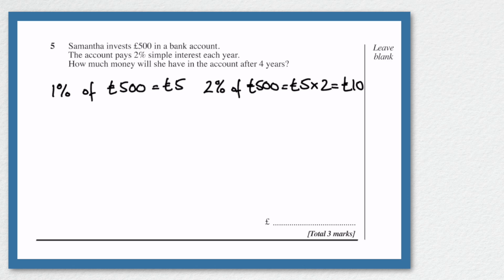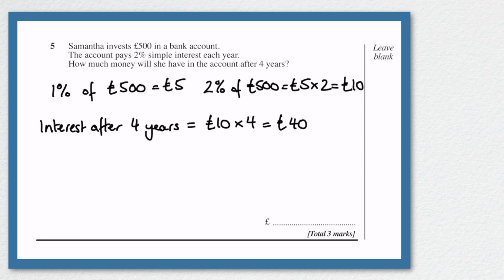The question is asking, what will be in the account after 4 years? Well, the amount of interest after 4 years will be 4 lots of £10, which is equal to £40. So the amount of money in Samantha's account after 4 years will be £500 add £40, which is equal to £540.